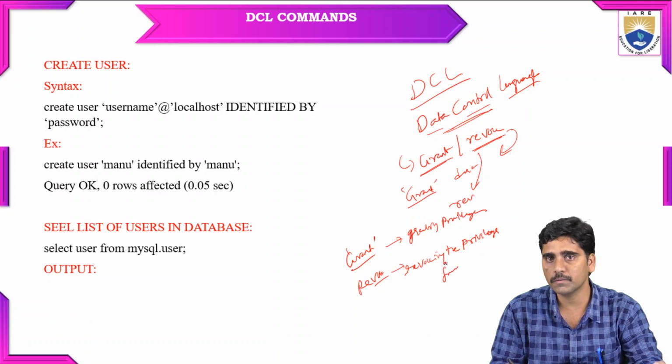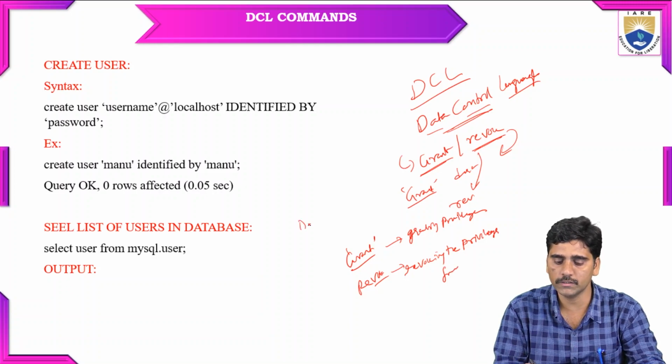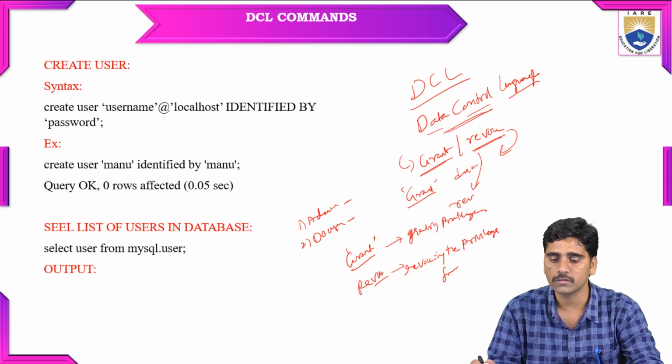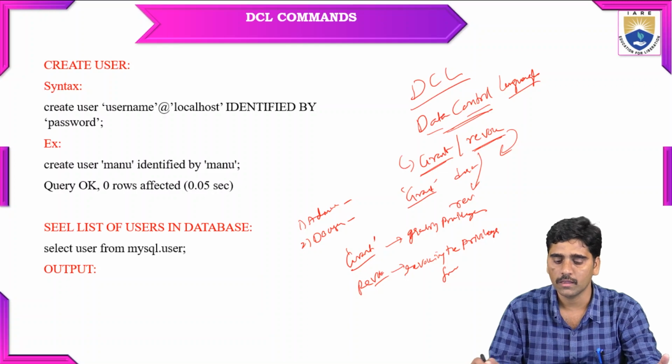Generally there are two types of users. One is the administrator, and the second is the normal database user. The administrator can create users, delete users, manage users, and grant privileges to a particular database user.